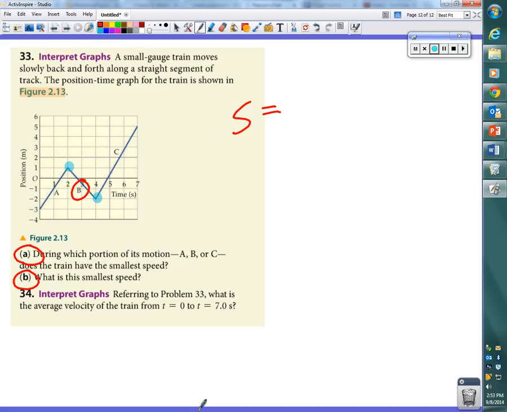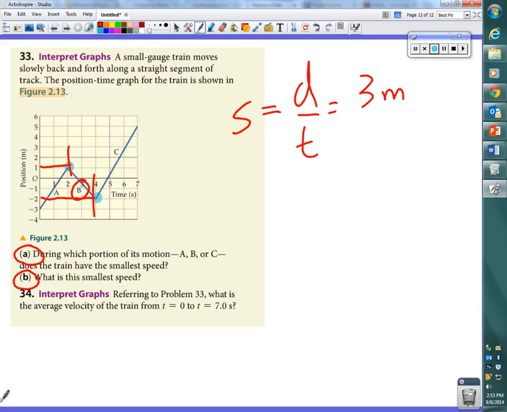Distance over time. So during part B, what's the distance that train travels? 3 meters. Why, Luke? Because it starts at 1, but it ends up at negative 2.